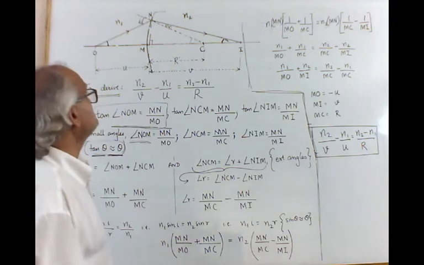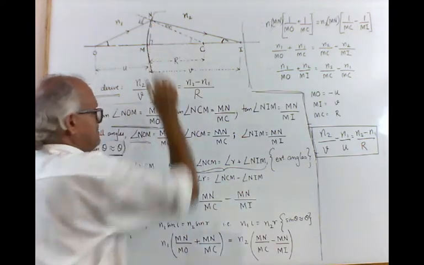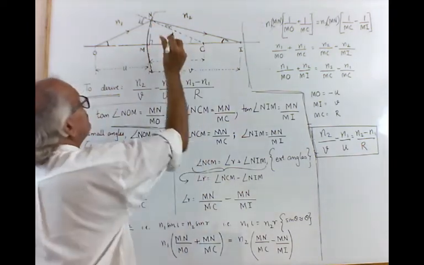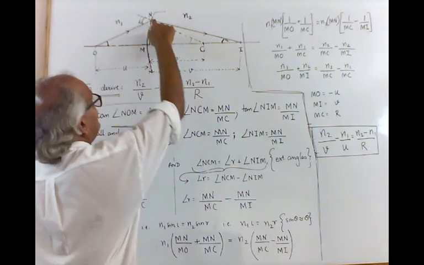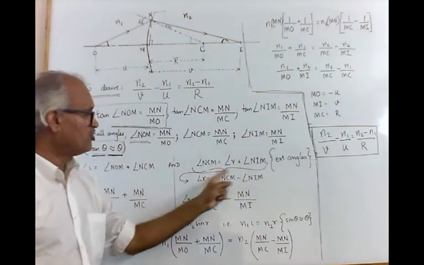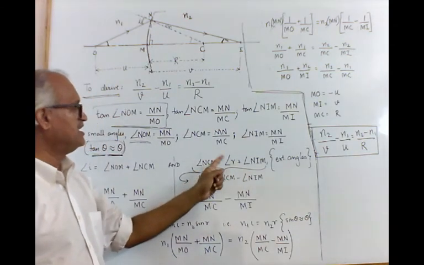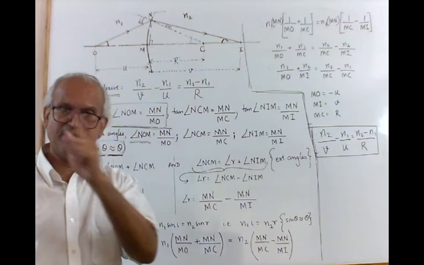So we get angle NCM is equal to one interior angle, angle R, plus the second interior angle, angle NIM. So we have got this relation: angle NCM equal to angle R plus angle NIM.